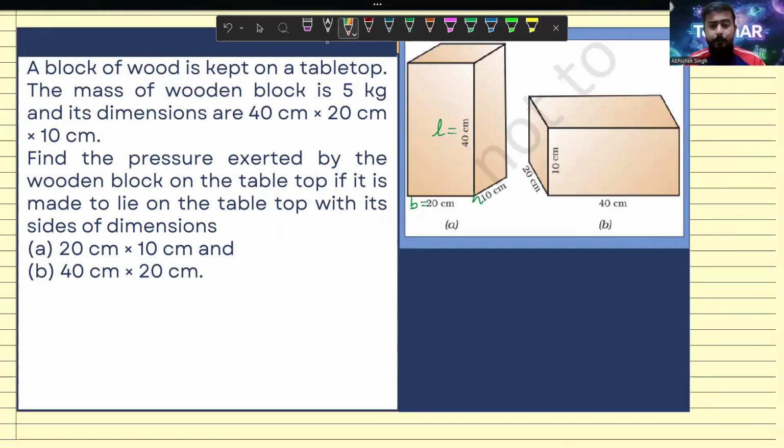Okay. Look at the picture. This is the wooden block, and this is the same wooden block in both of them. So what is the thing that remains constant?